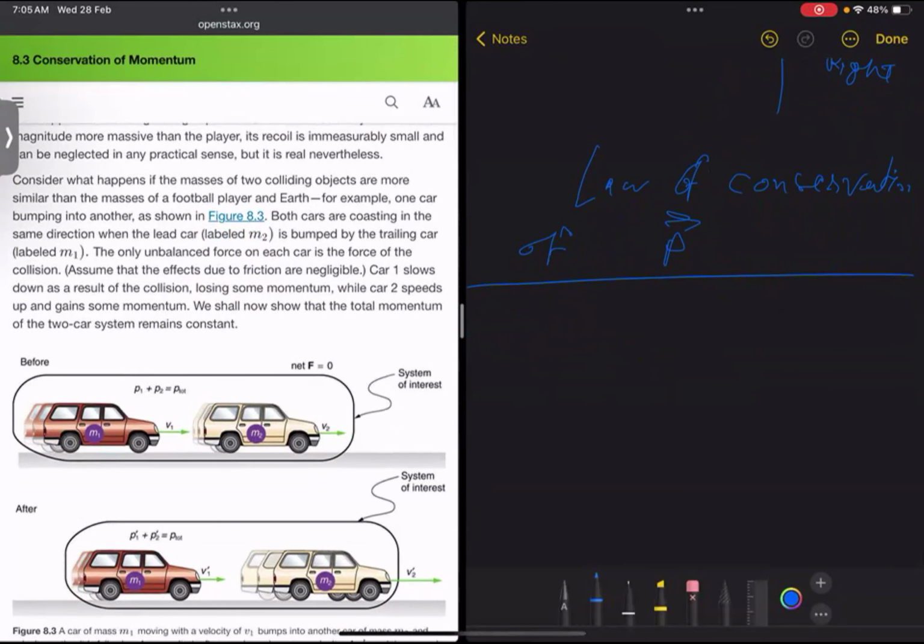This says that when the net force in the selected system... Before going to the law of conservation of linear momentum, I would like to tell you the definition of system. What is system? What is internal force? And what is external force? Do you know about this? I believe so.